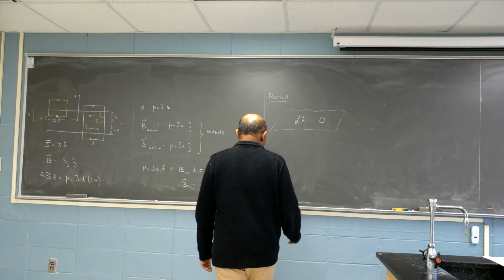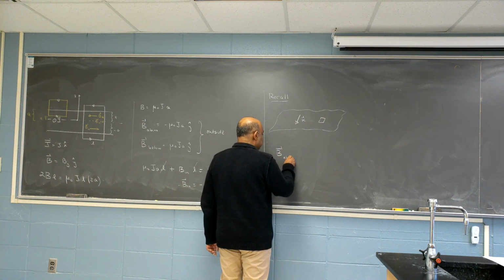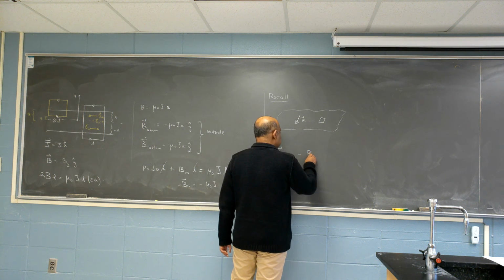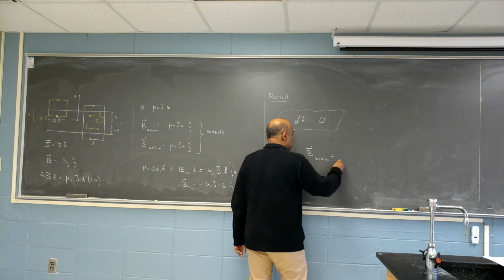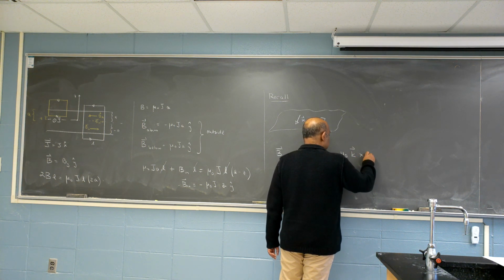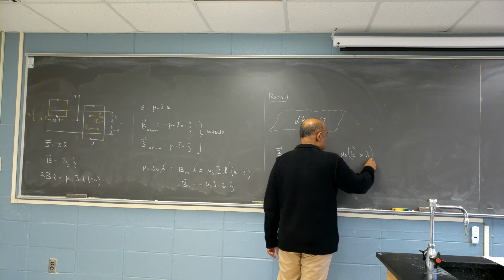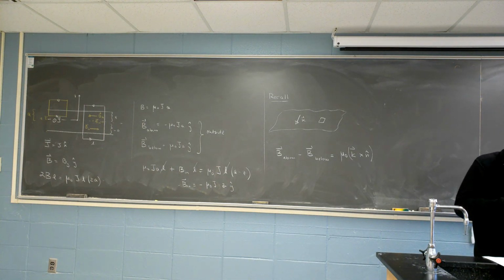And from this, we have surmised that B above minus B below is equal to mu 0 K cross normal. I want to make sure that this is in fact correct. I think that is sort of where we stopped last time.